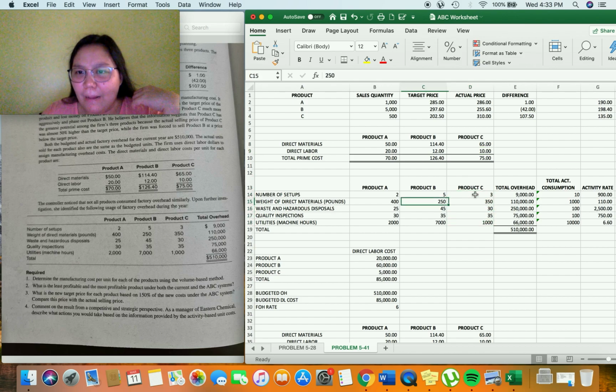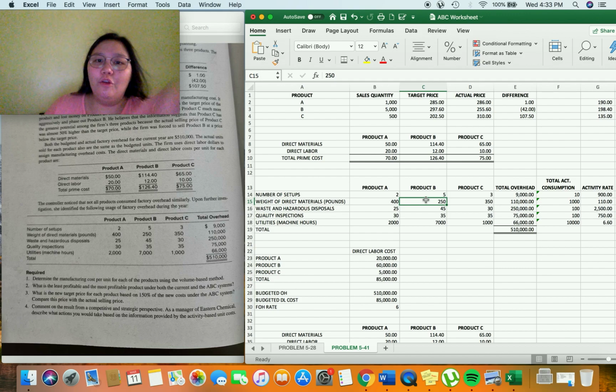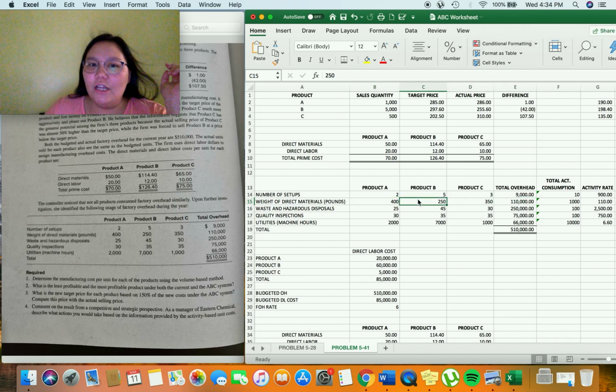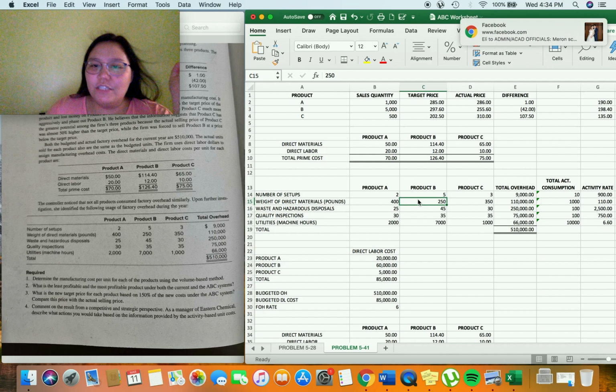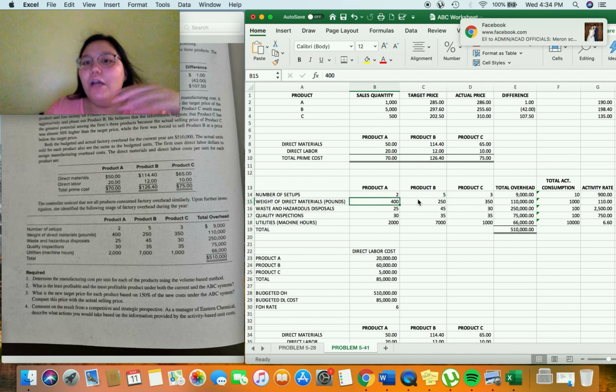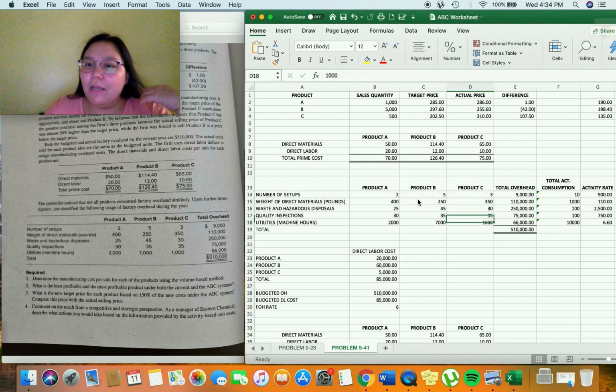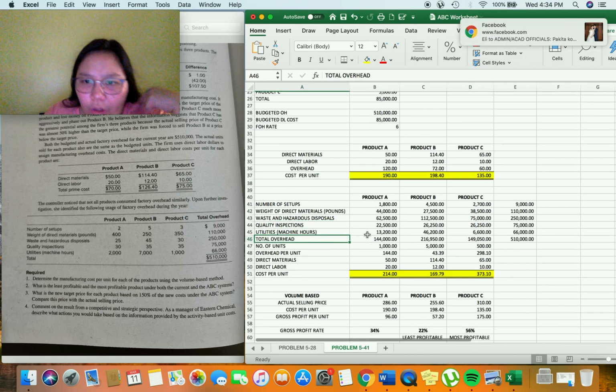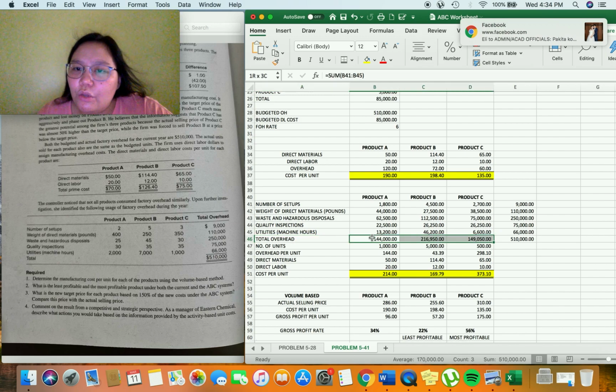But, when you look at the activity consumption of product C, diba? Actually, pag tinignan mo yung tatlo, A, B, and C, the activity consumption naman is not, kumbaga, hindi nagkakalayo. It's not that far from each other. Pero, ang problema kasi is that yung sa total overhead, when you look at the total overhead cost incurred, di ba?